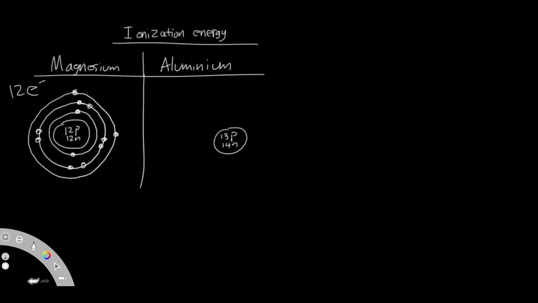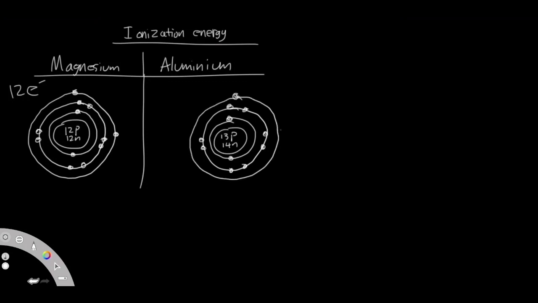I believe it would be 14 neutrons. 1, 2, 3, 4, 5, 6, 7, 8, 9, 10, 11, 12, 13. So both have the same amount of inner electrons, the ones that are shielding, so we can't use that as precedence of which one should have the higher ionization energy. So maybe I'll write this down here. Which one has a higher IE?